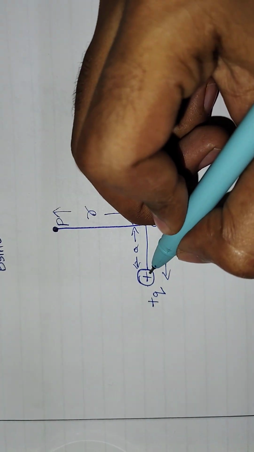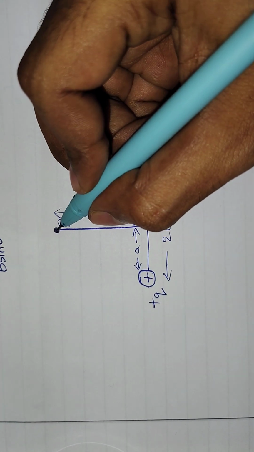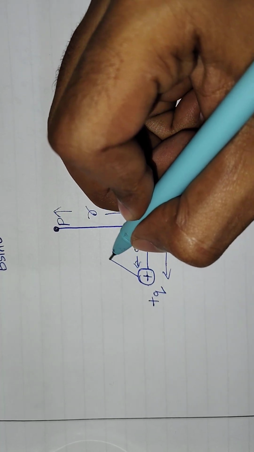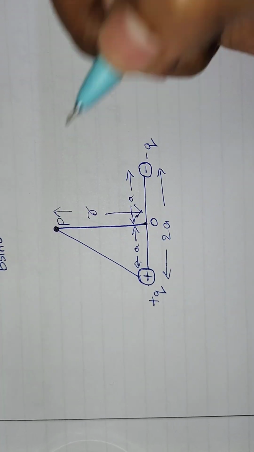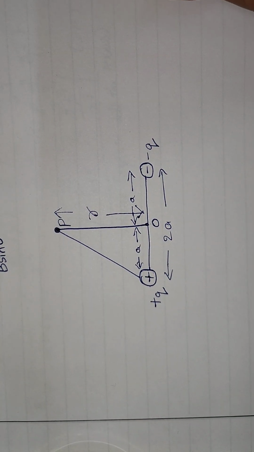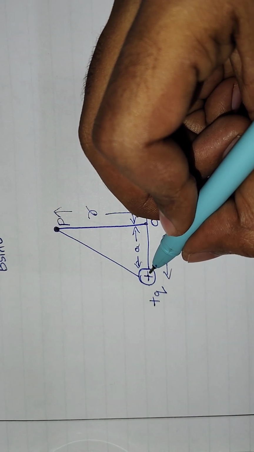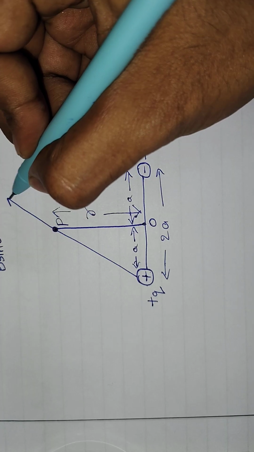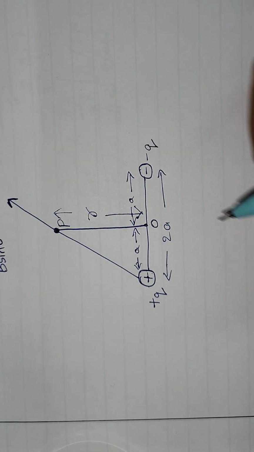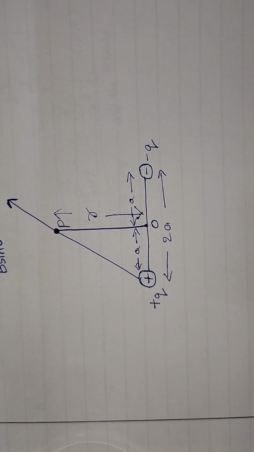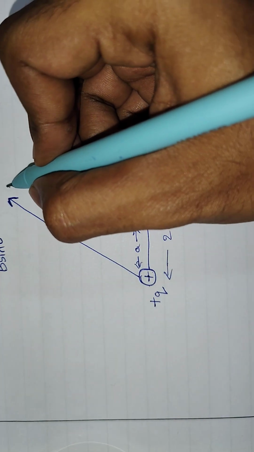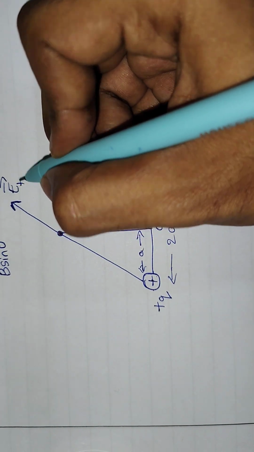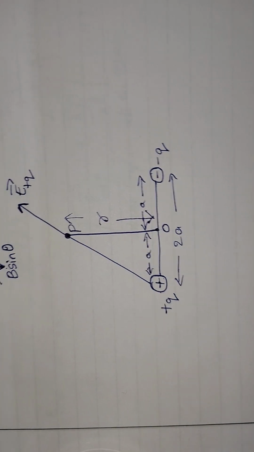Now this positive charge exerts some electric field at this point, right? Draw one straight line from the positive charge to that point. You already know the electric field line around a positive charge is radially outward, so this will be the direction of the electric field due to the positive charge. We call this the electric field due to positive charge plus q.